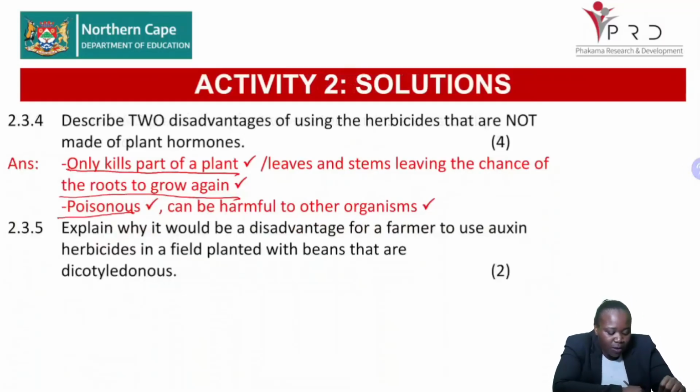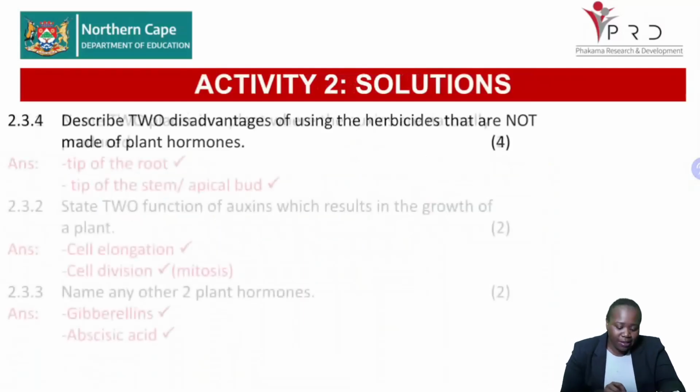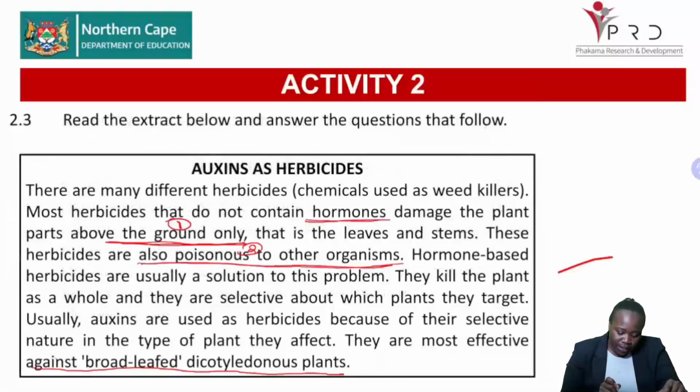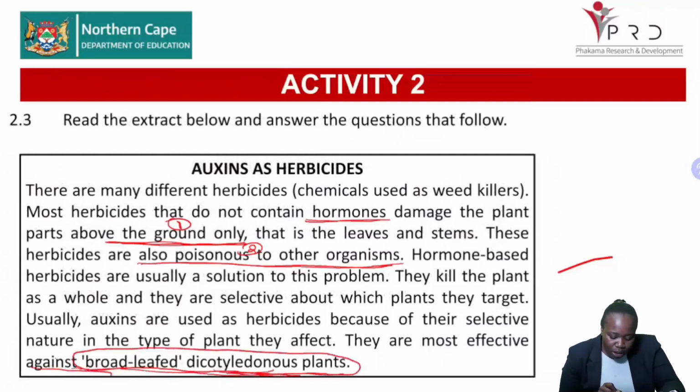2.3.5. Explain why it would be a disadvantage for a farmer to use auxin herbicides in a field planted with beans that are dicotyledonous. Our last statement said that auxins would kill broad-leaved dicotyledonous plants. So dicotyledonous plants, such as the beans, are broad-leaved.